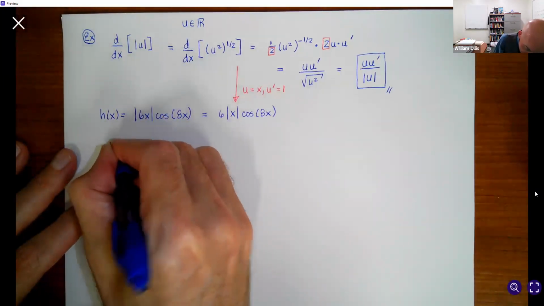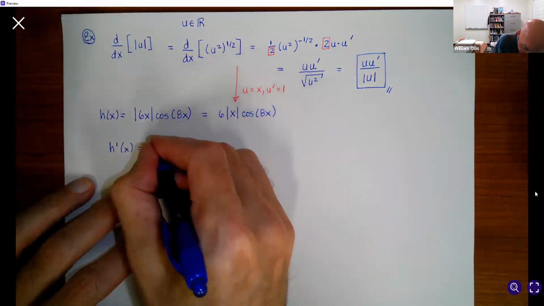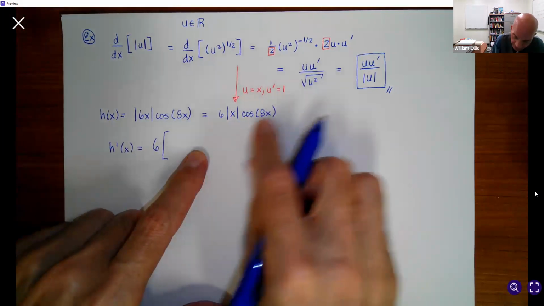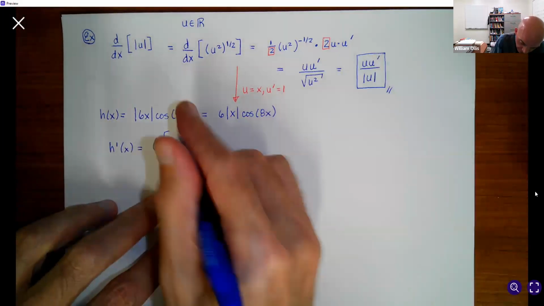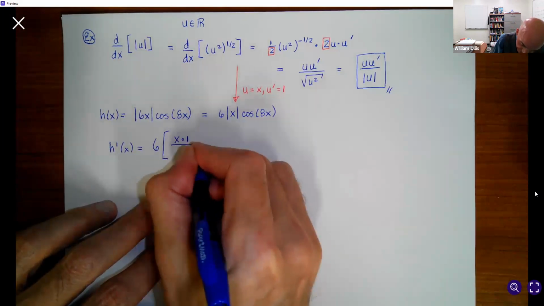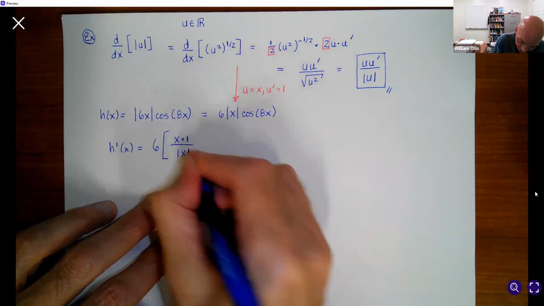So h prime, again, we can factor the 6. So now we'll just fill everything in. We'll have x times 1. So I'll just write it out. x times 1, just to be precise, divided by the absolute value of x, right there. Okay?